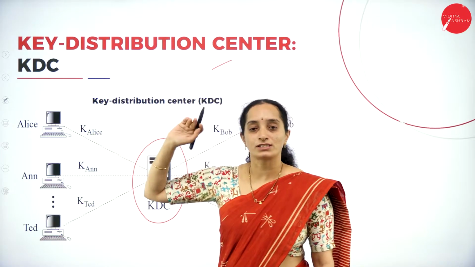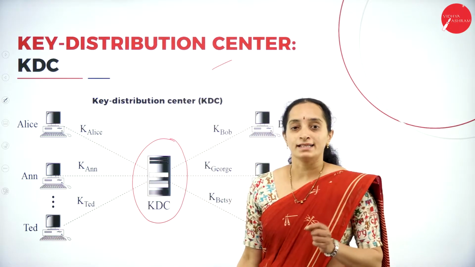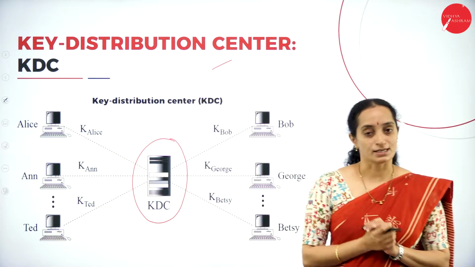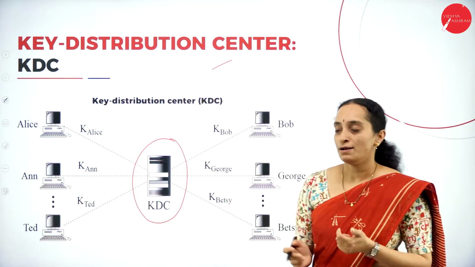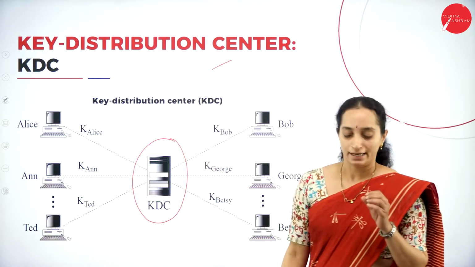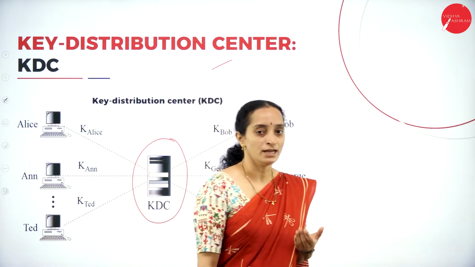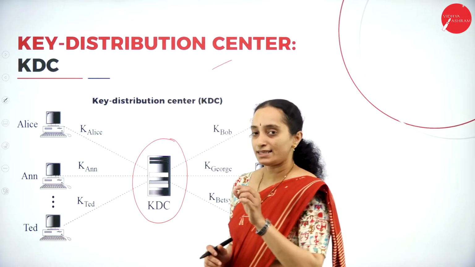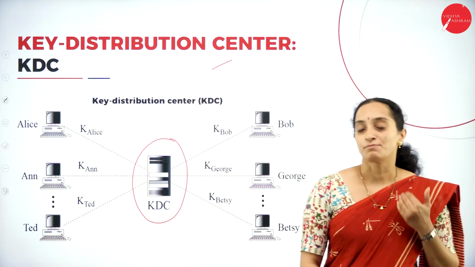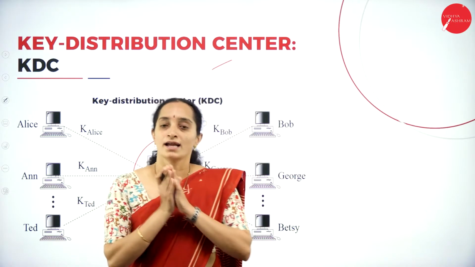First Alice sends a request to the KDC stating that she needs a session secret key. A session is created in the KDC for each message to be distributed. There will be a secret key, or session key, established between the sender and the KDC, and between the receiver and the KDC.